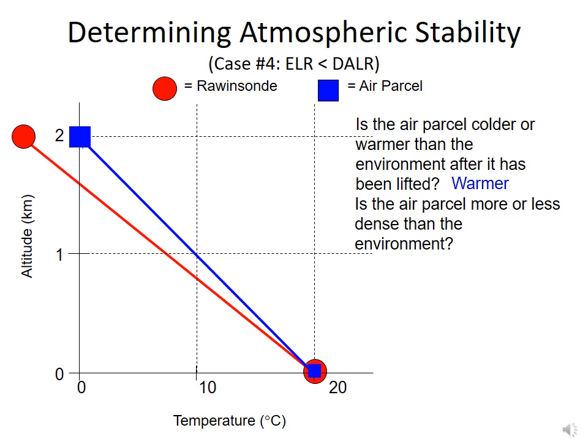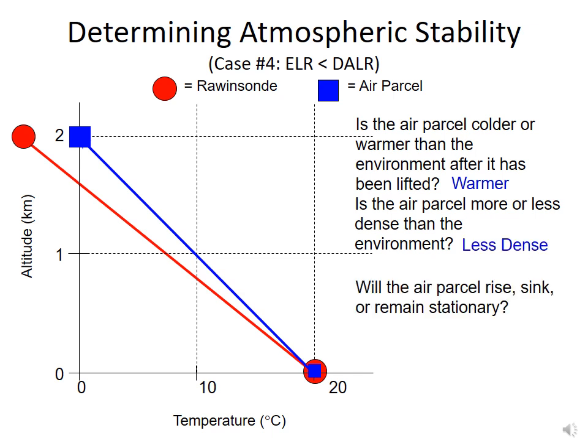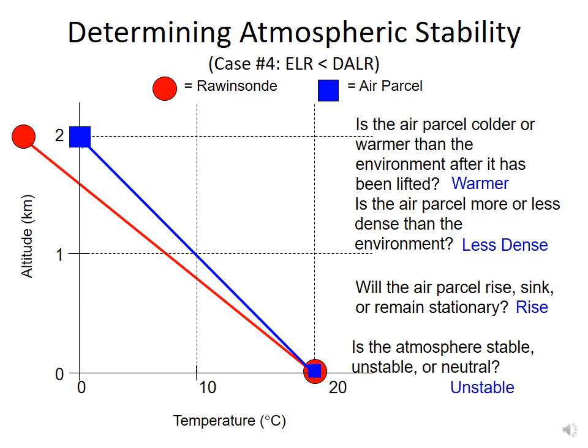Well, it's going to be less dense than the environment now, which means it's going to want to rise because it's more buoyant than the surroundings. Is it unstable, stable, or neutral? That's going to be unstable. Any small perturbation, any slight nudge upward of this air parcel, and it will become warmer than the environment, which means that it's going to spontaneously rise.